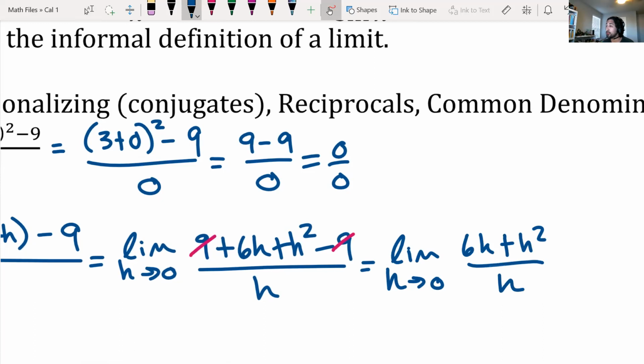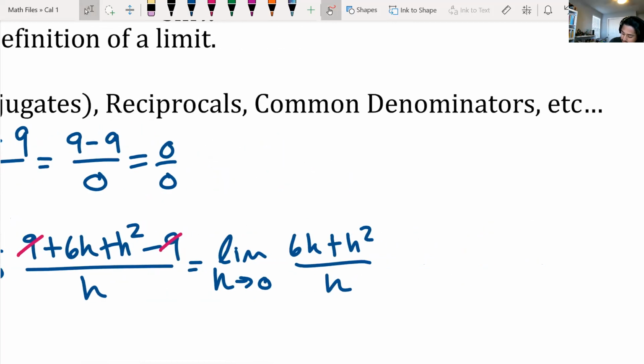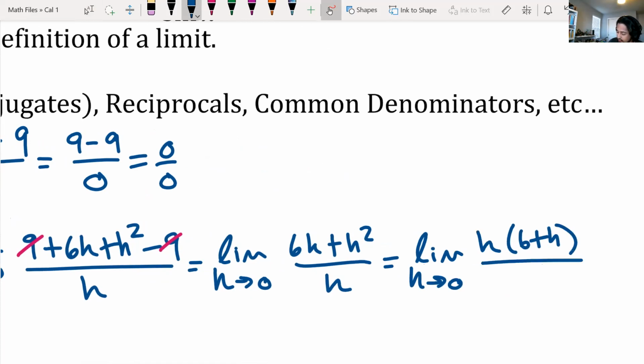And then we're still thinking algebraically. So what could you take out of the numerator? The h. So we have the limit as h approaches 0 of h times 6 plus h over h. And now the h's in the numerator and denominator will cancel.